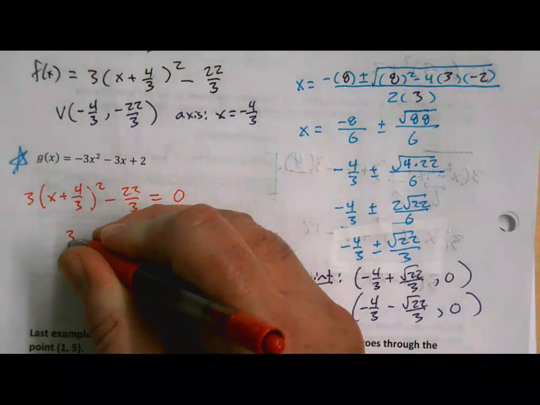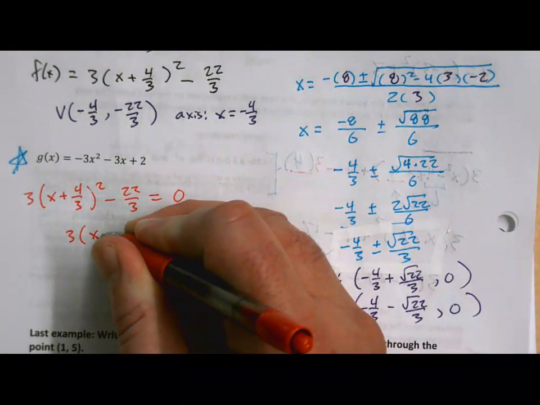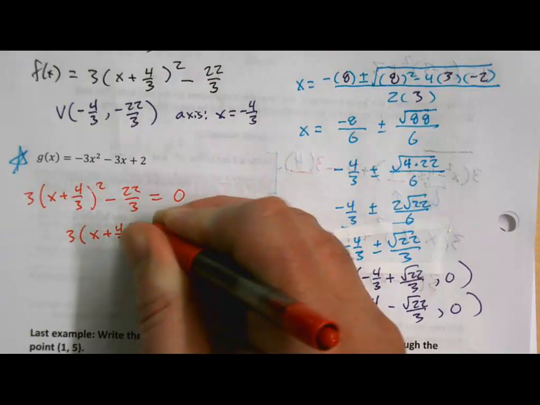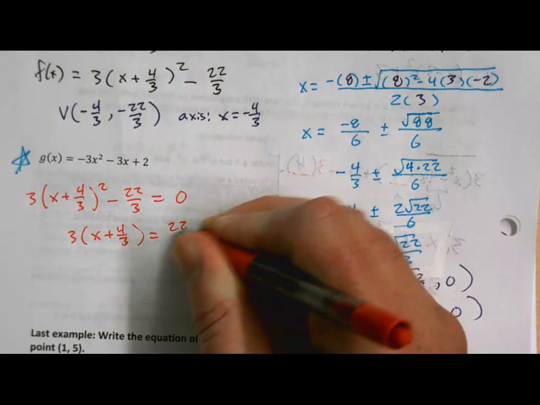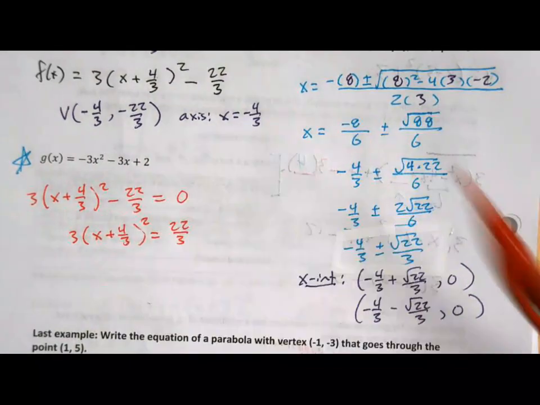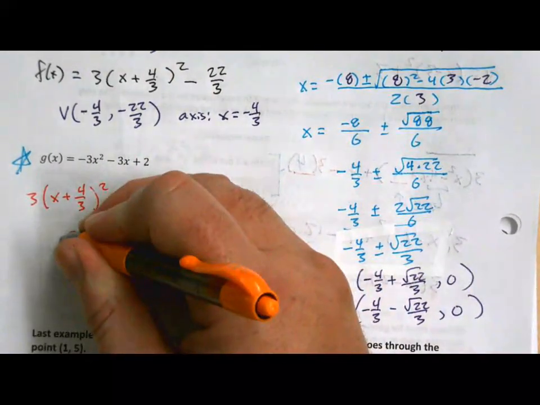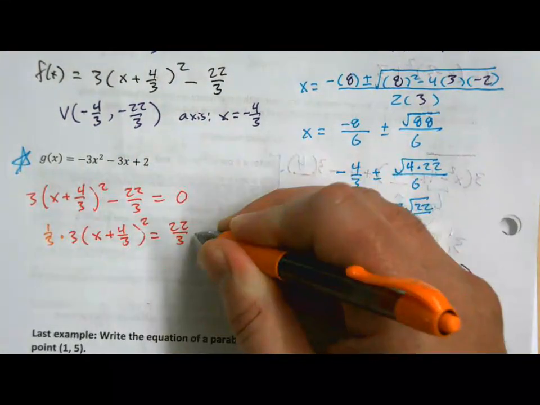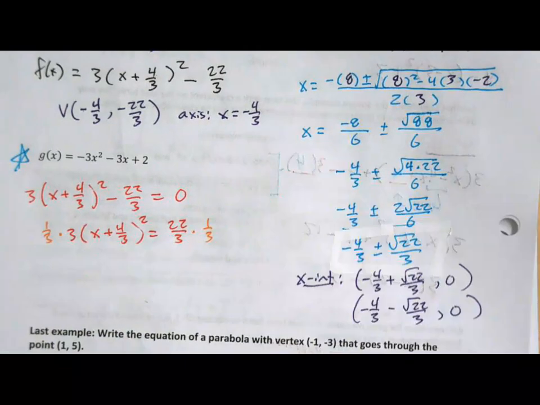Okay, stick with me here, guys. This is pretty neat. I just added 22 over 3 on both sides. What would you do next? Oop, I'm missing my square. We divide by 3 on both sides, and I'm going to write it as times a third because that's more convenient for me over on this side.